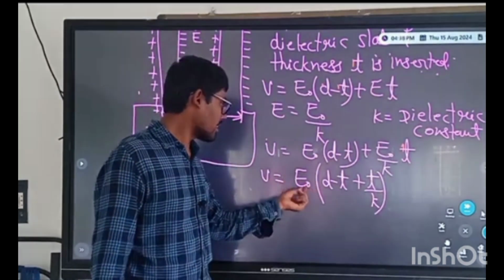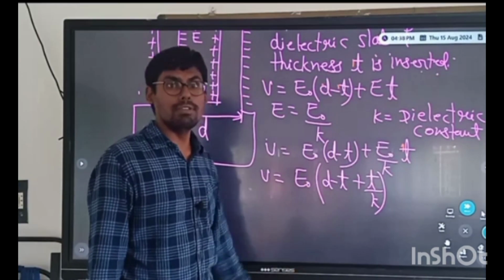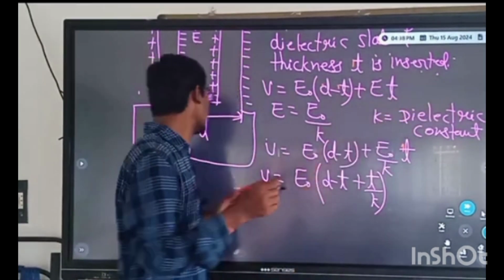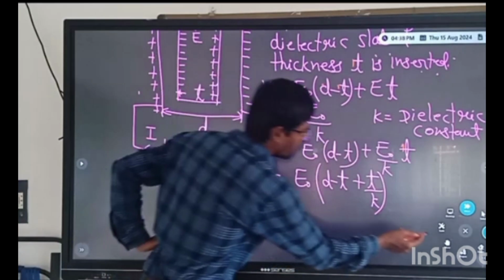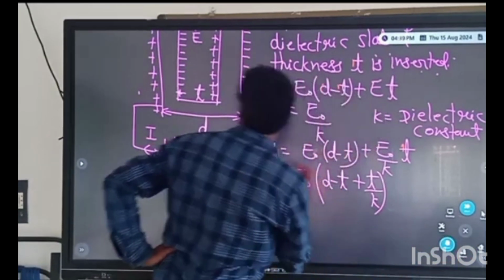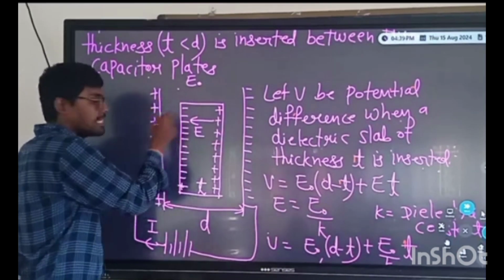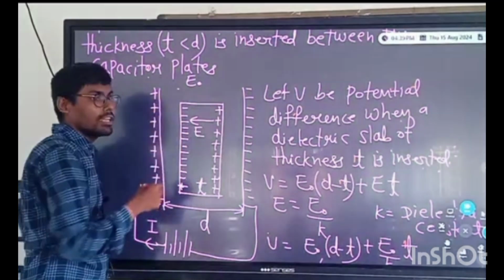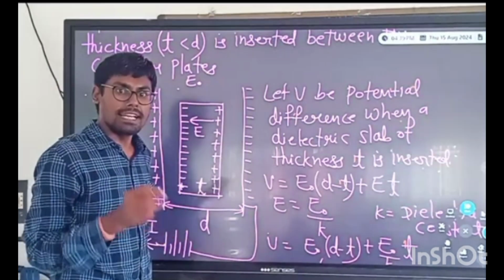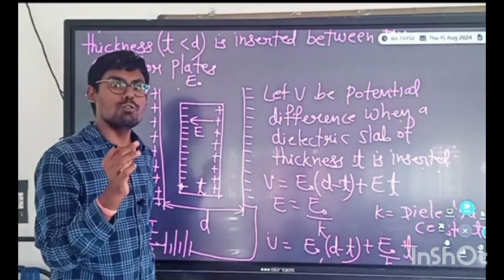This is the external electric field. It will be sigma by epsilon naught, because each capacitor plate behaves as an infinite plane charge sheet, and the electric field due to an infinite plane charge sheet is sigma by 2 epsilon naught.